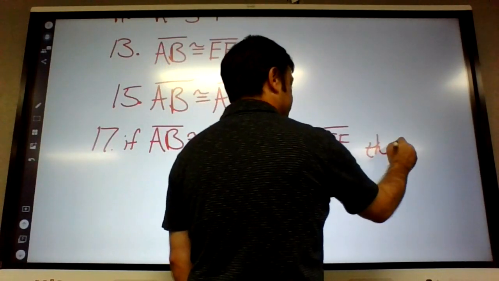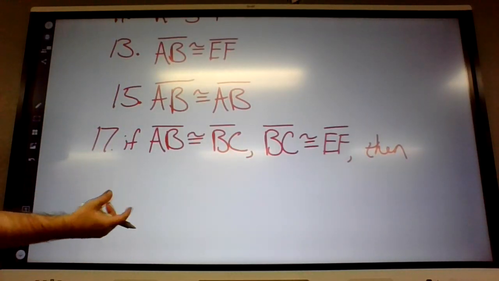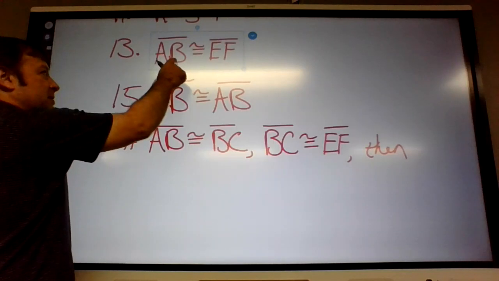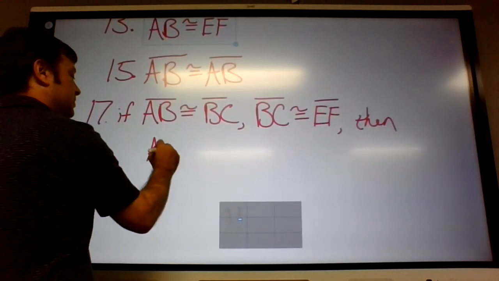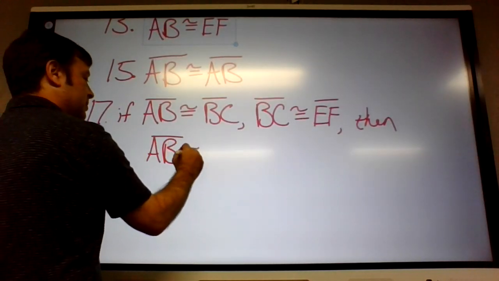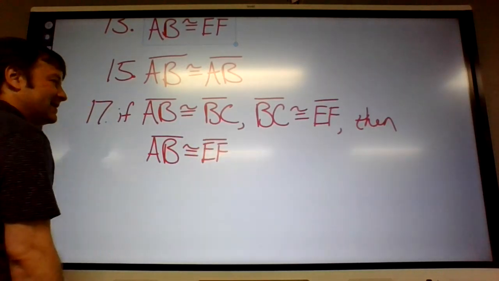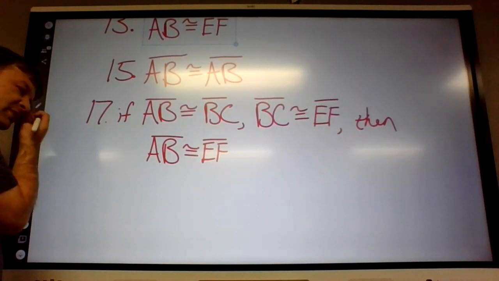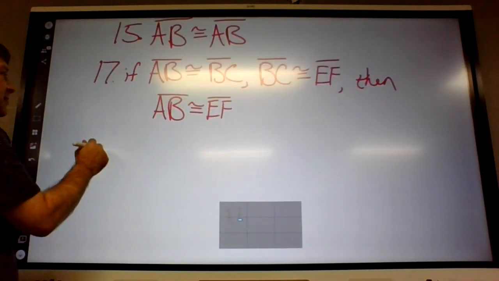Then what do we know? To repeat number 13, basically. They just asked it a different way. The first and third must be congruent. Congruent means a similar idea to equals. Equals is for numbers, congruent is for things. This means they're the same.